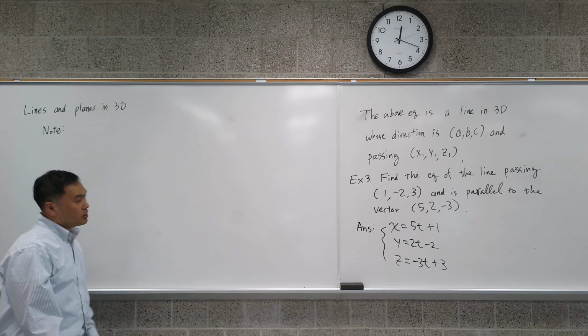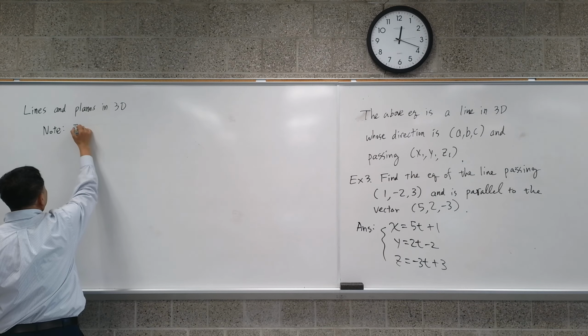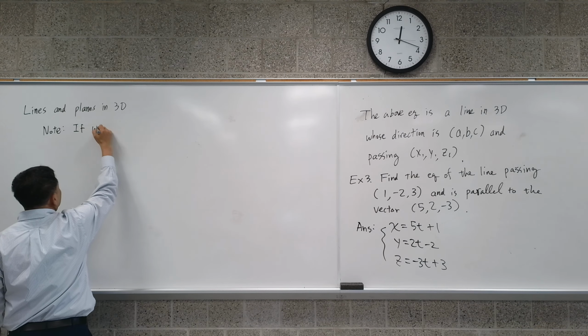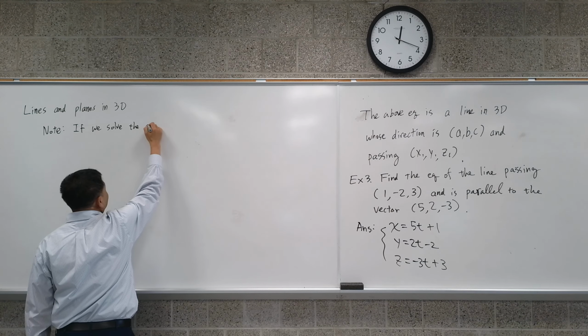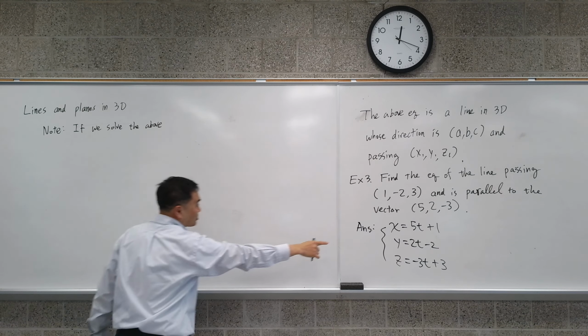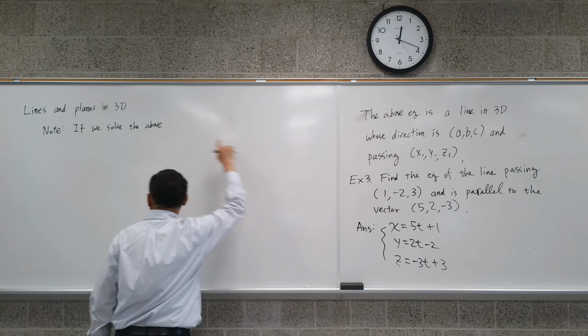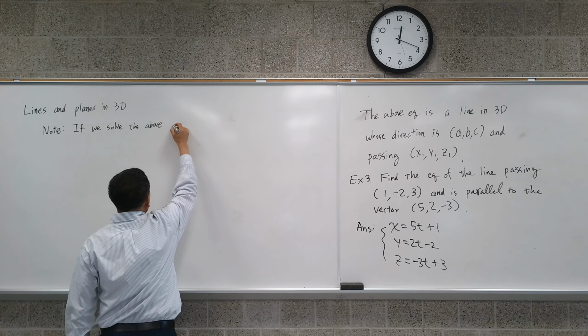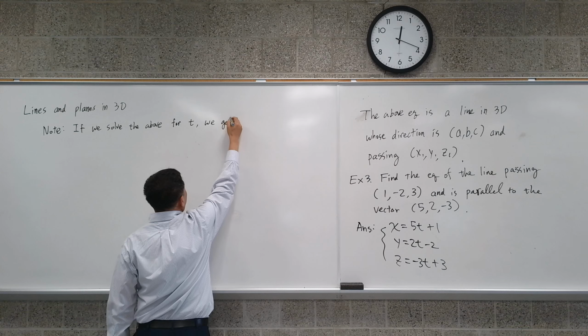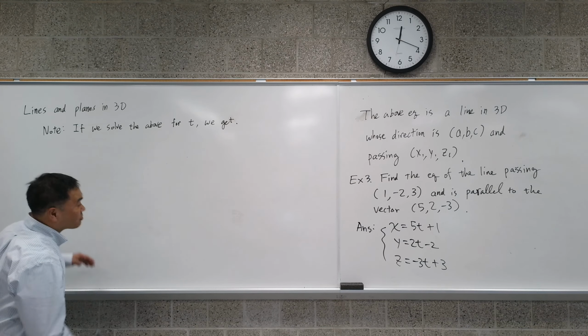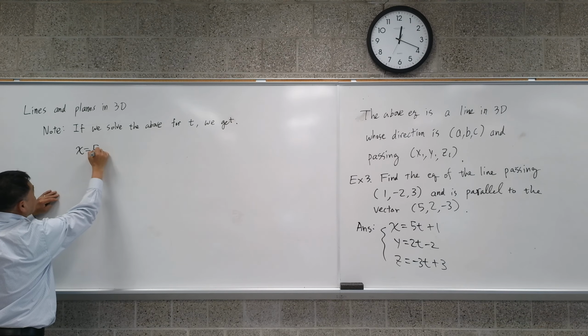Well, if we solve the above for t, let's see what we get. So first of all, x equals 5t plus 1.